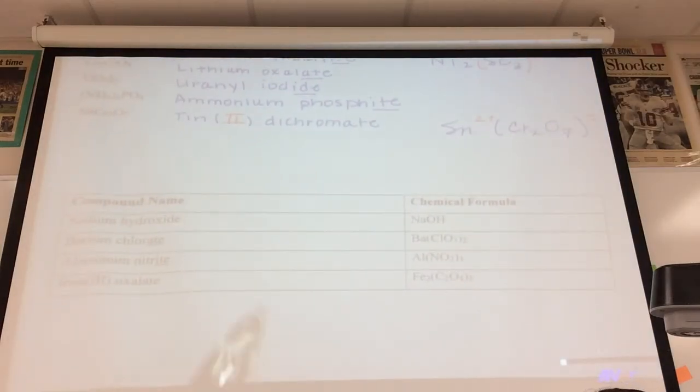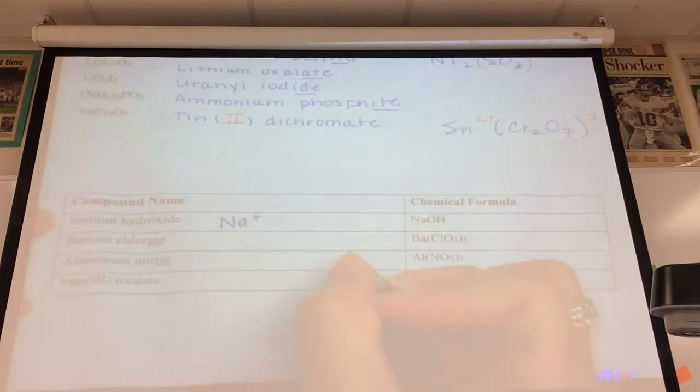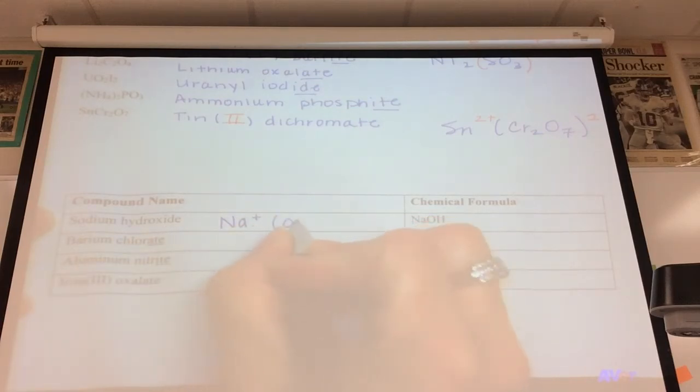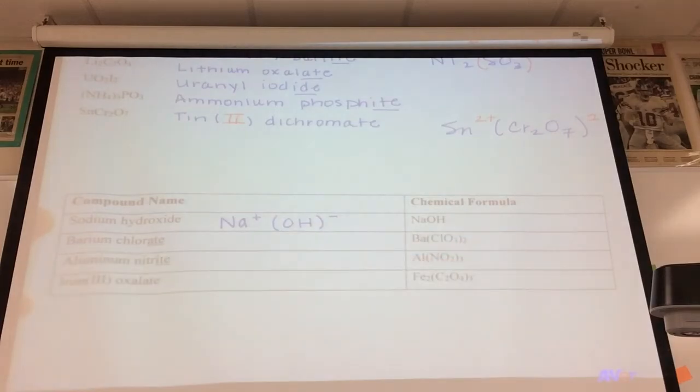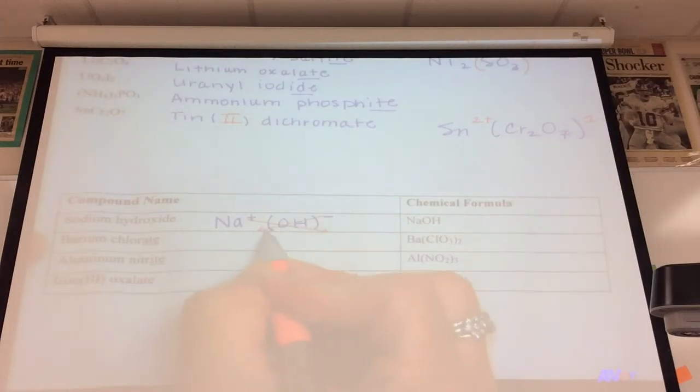The first one is sodium hydroxide. Sodium, group 1, 1 plus charge. Polyatomic, I'm going to put in parentheses with the charge on the outside. The 1 goes here, the 1 goes here.